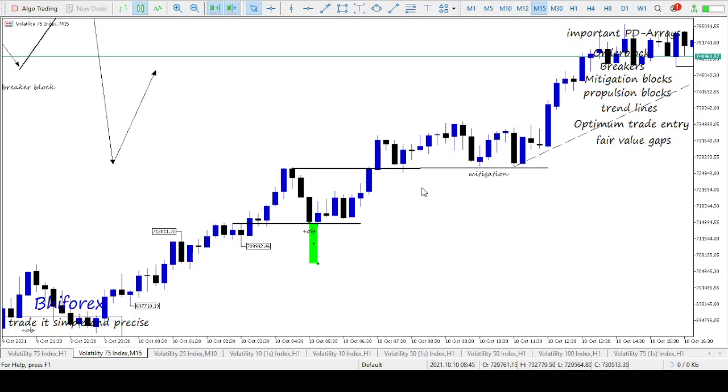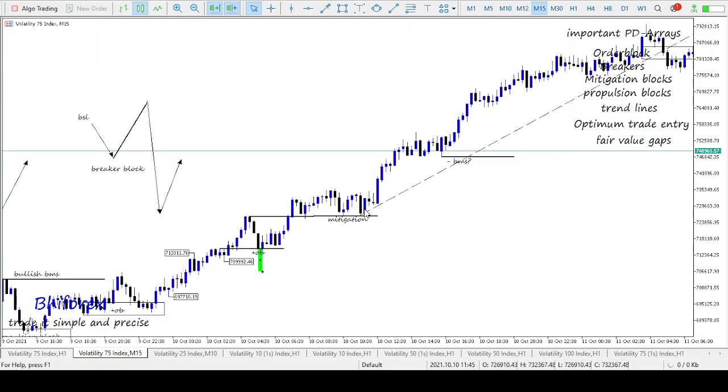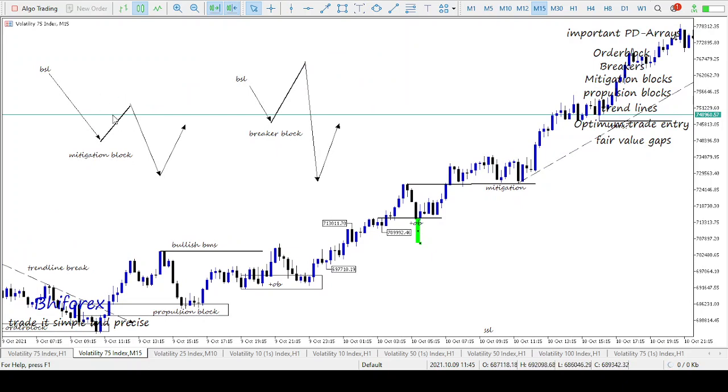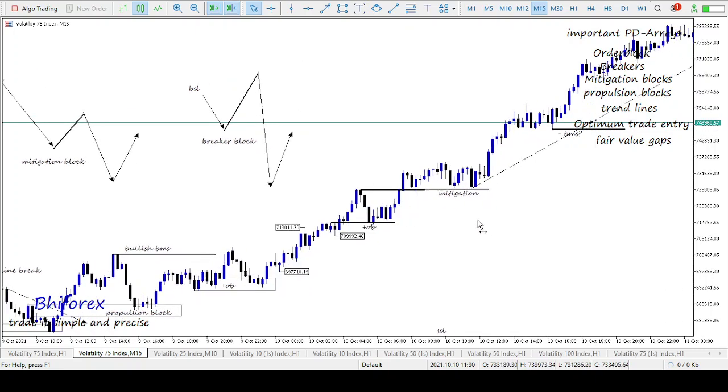But in this case, it is a mitigation block because we do not have any stop hunting before price took out this high. Same thing I explained right here about mitigation. So this is a selling case and this is a buying scenario. Okay, I hope that is clear.